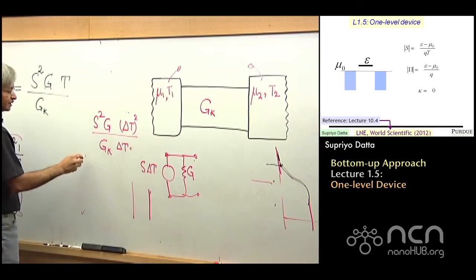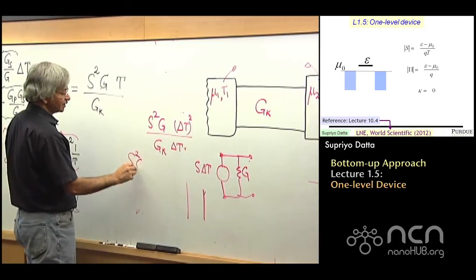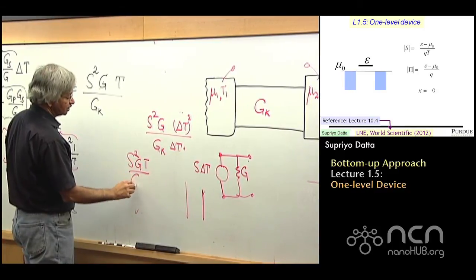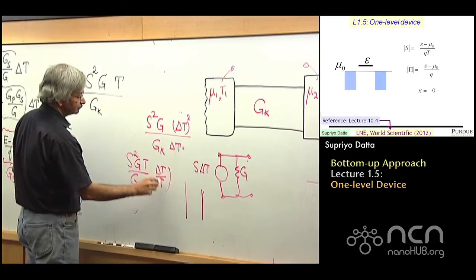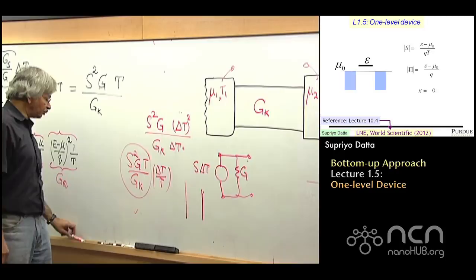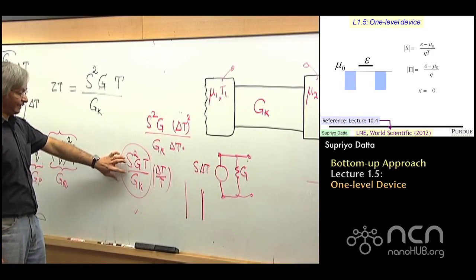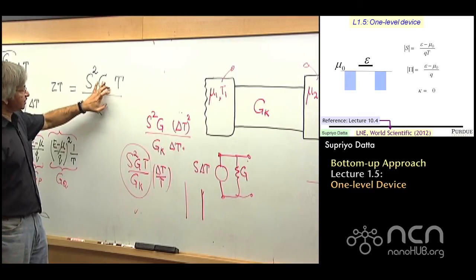You can see this is getting to the figure of merit I mentioned earlier, because you could write this as S squared GT over GK times delta T over T. So this is a material parameter that tells you how good a particular material is, and it is widely used as the figure of merit.